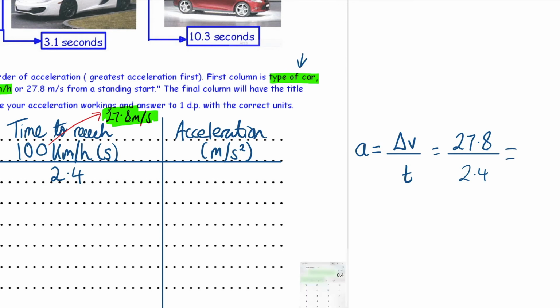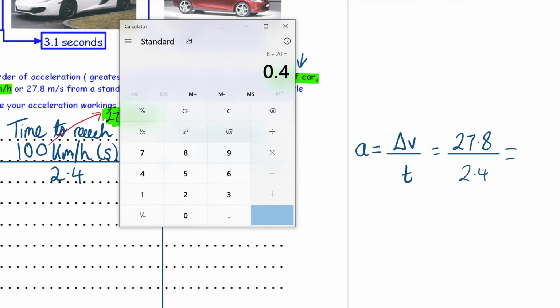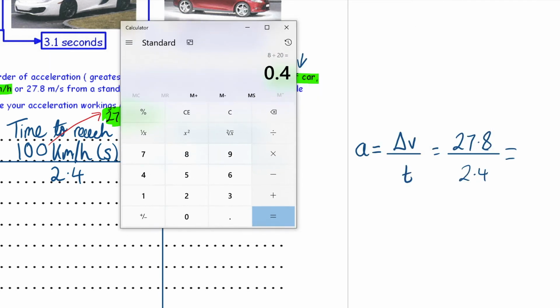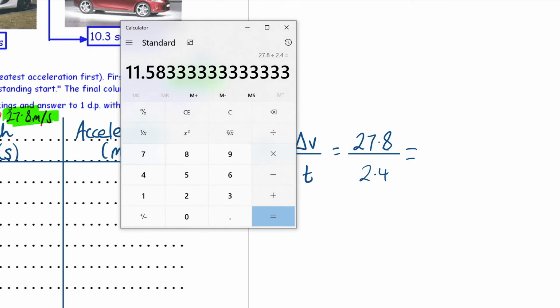Calculator. Let's move that to the side. 27.8. That's the change in velocity. It's a positive number. They're all going to be positive numbers in the table, divided by 2.4. The answer there, look, whoop, just flashed off, is 11.58.